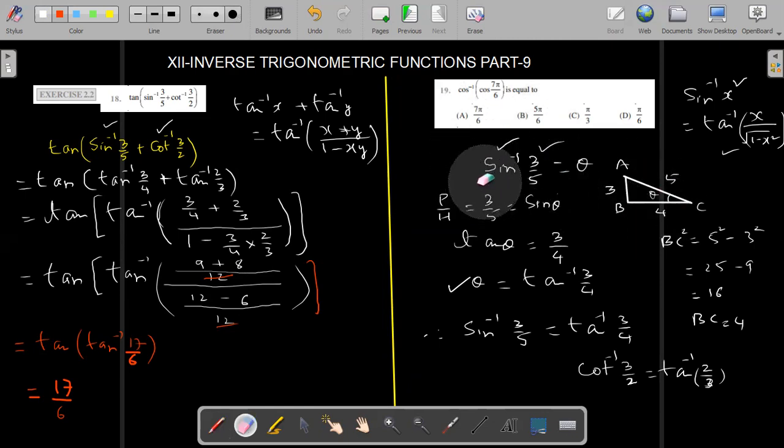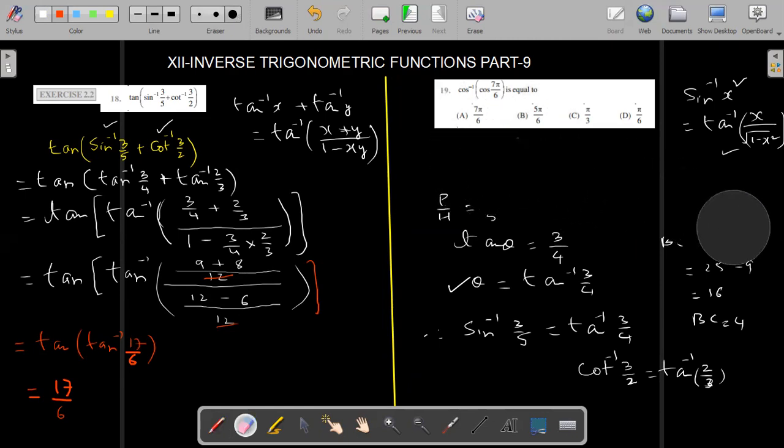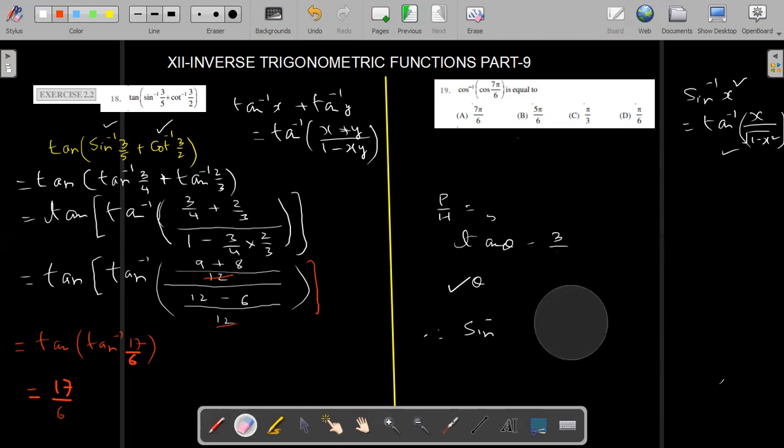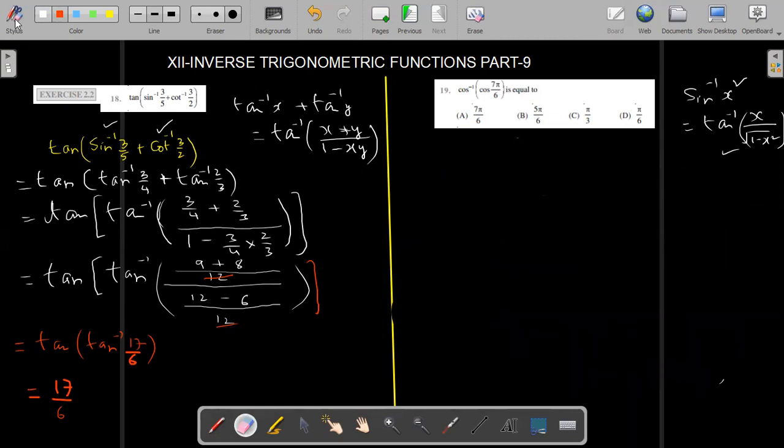Now we have one objective question, question number 19. Again, we have to check the value according to the range. Cos 7 pi by 6. The range of cos is 0 to 2 pi.